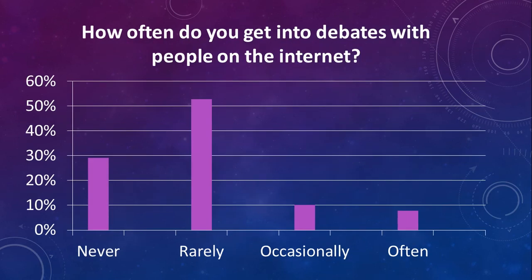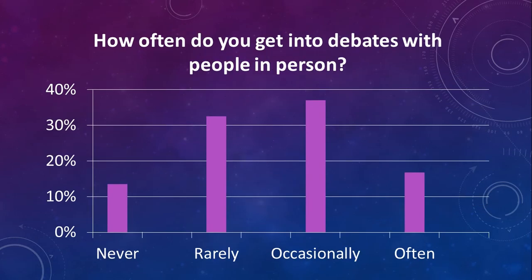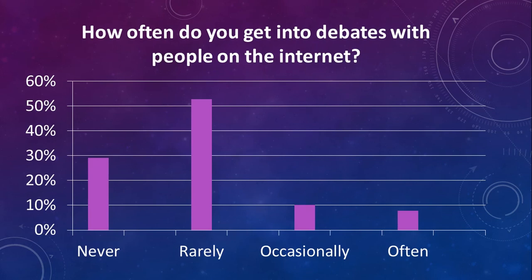I'm kind of happy to see this one because you can see that people are getting into far fewer debates on the internet than in real life. So here's real life, not real life, it's all real, but in person, and then here's on the internet. So far fewer people are getting into arguments on the internet. This is one of my vices. I try not to. I have a don't-get-into-arguments-on-Facebook rule, and I sometimes am able to keep it. But argument on the internet is much harder and more likely to go awry, because what I'll be talking about in this class is how context often matters.